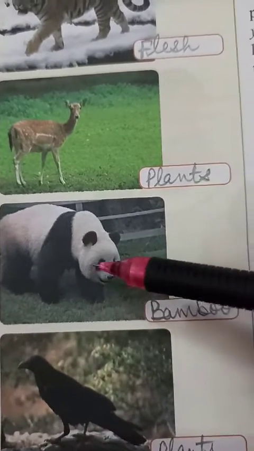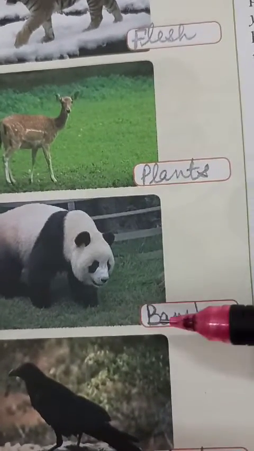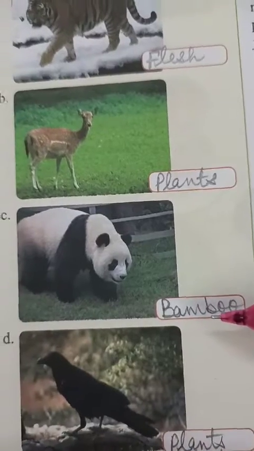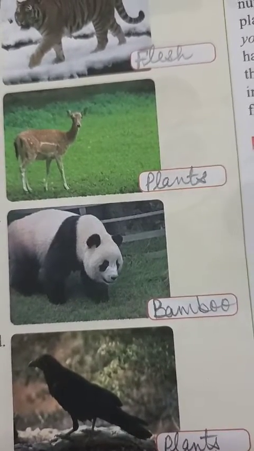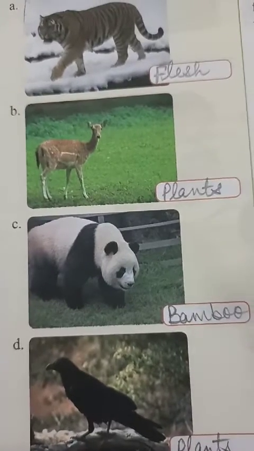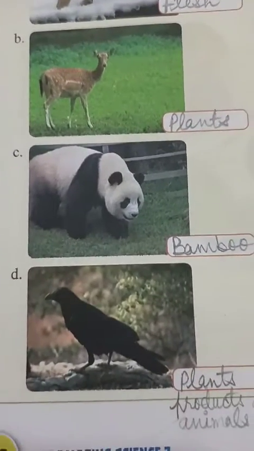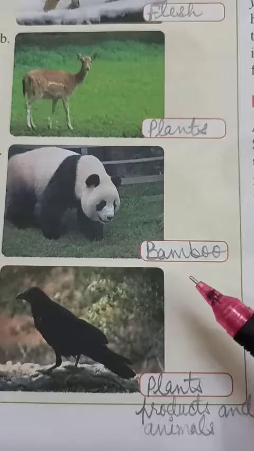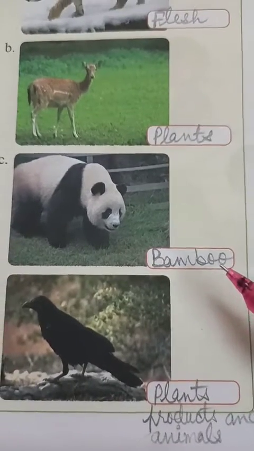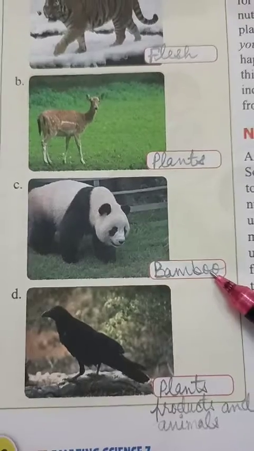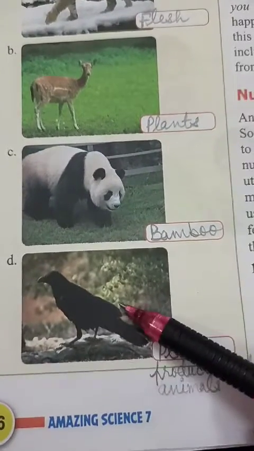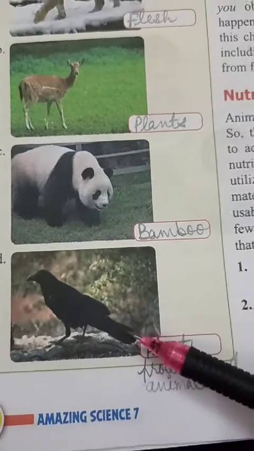And this is panda. So panda usually likes to eat bamboo leaves and the soft part of bamboo. Okay. And here I have mentioned bamboo because it is very particular, but you can write plant here. Okay. And this is crow. So what does crow eat?